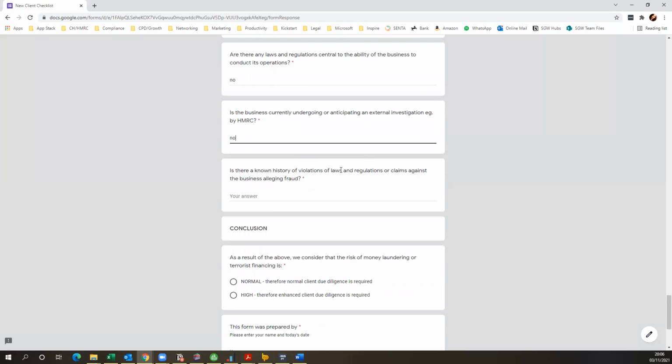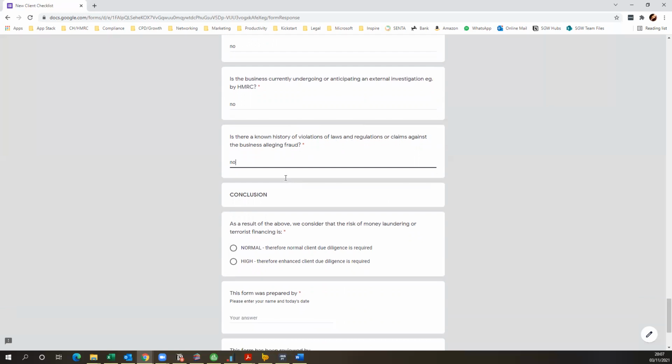Is there a known history of violation of laws and regulations or claims against the business alleging fraud? Google searches would be quite good to find out that sort of thing, because if that's been an issue before, there may be something noted in the papers, in which case there'll be articles about it that you can find on Google.